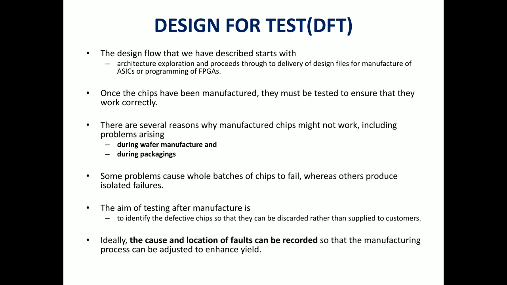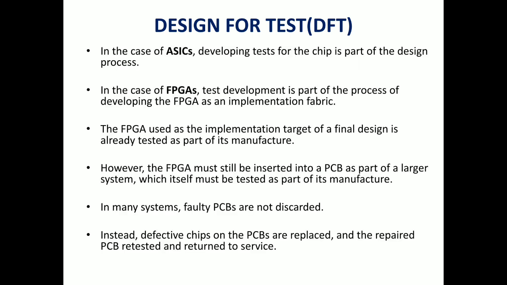The development of ICs, ASICs and FPGAs are different processes, so the testing will also be somewhat different. In case of ASIC testing, developing tests for the chips is part of the design process. In case of the FPGA, the test development is part of the process of developing the FPGA as an implementation fabric.